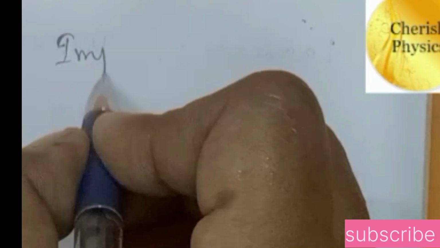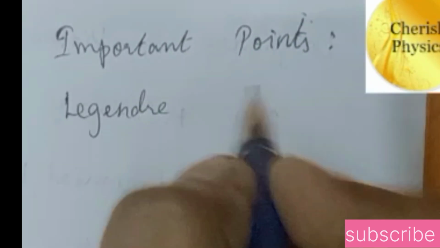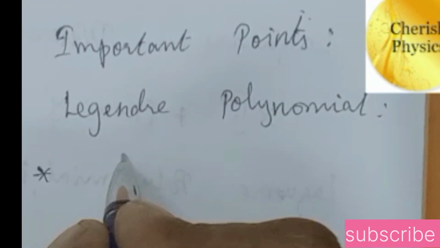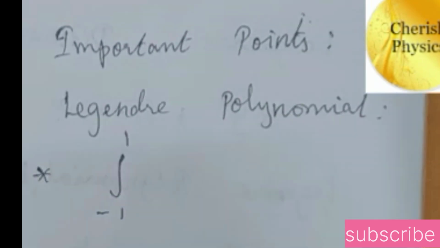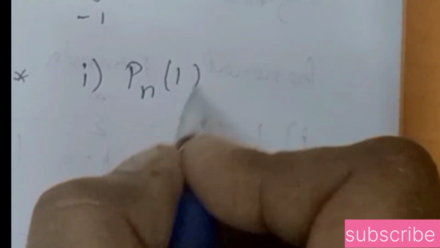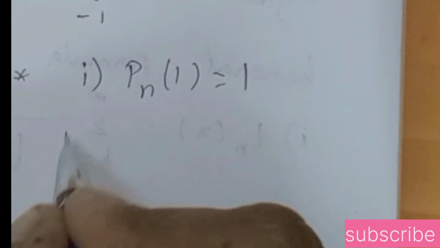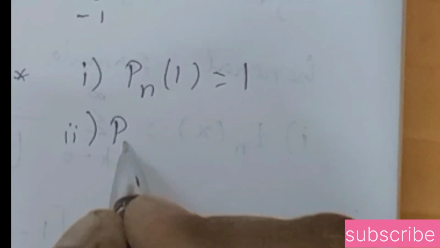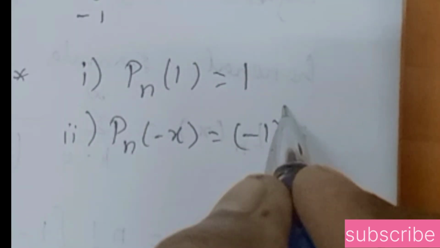Here are some important points that may be asked in competitive exams. In the Legendre polynomial, the integral is from minus 1 to plus 1. If x value is 1, then Pn of 1 equal to 1. Second one, Pn of minus x equal to minus 1 the whole power n into Pn of x.